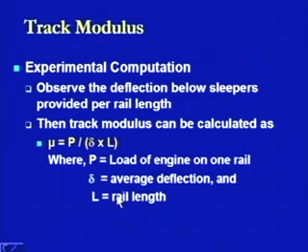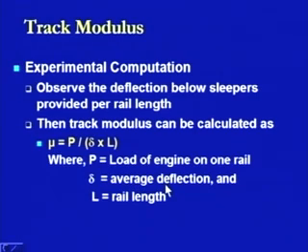This is a standard value, whereas the load is varying, but we can look at the heaviest engine or locomotive which is coming on that rail section, and on the basis of that heaviest locomotive we can take up this load value. Therefore, P and L are more or less constant values as far as the track is concerned. The thing which is varying is delta, and we have to compute this value of delta.